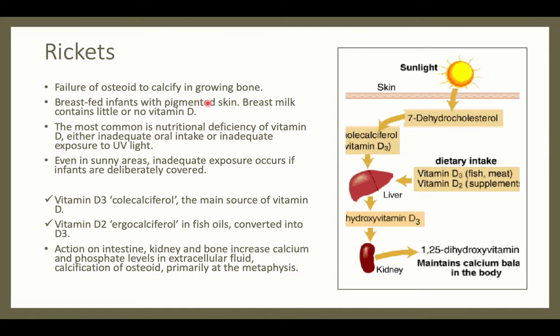Deprivation or inadequate exposure to sunlight is an important risk factor for rickets. The most common cause for rickets is nutritional deficiency of vitamin D, either inadequate oral intake or inadequate exposure to UV light. But note that rickets is not vitamin D deficiency, but it is defective mineralization, either due to vitamin D deficiency, which is the most common cause, or due to other causes as a differential diagnosis.